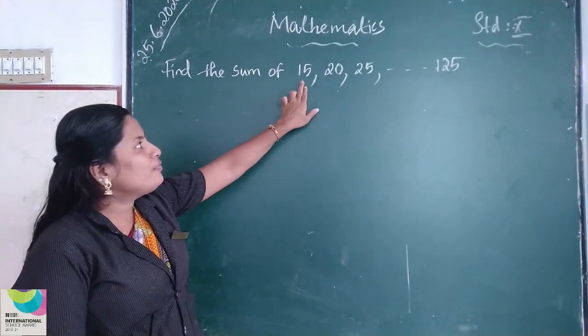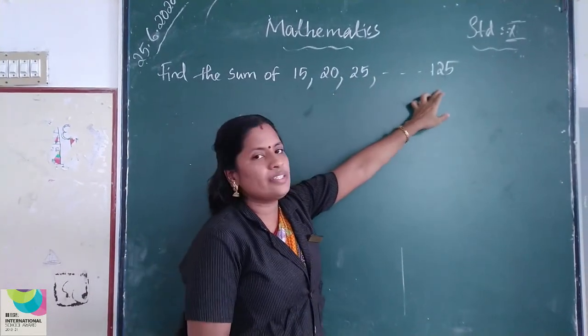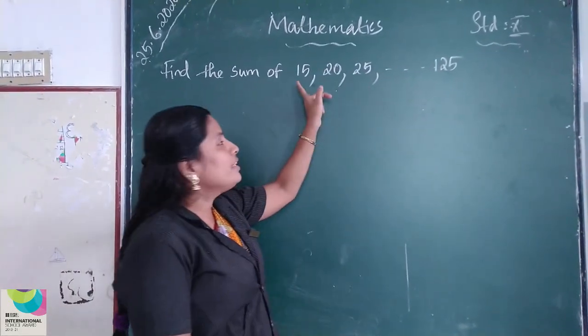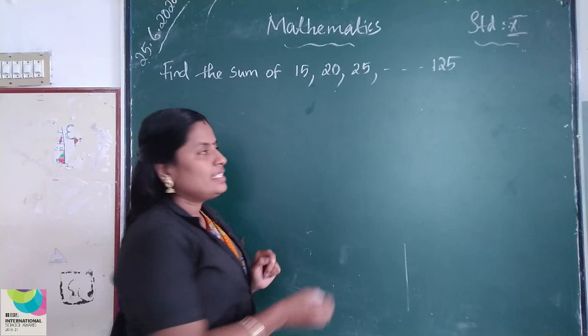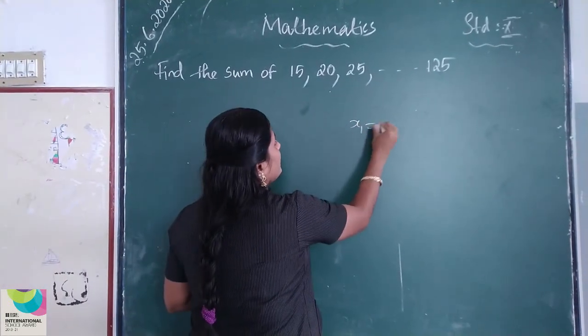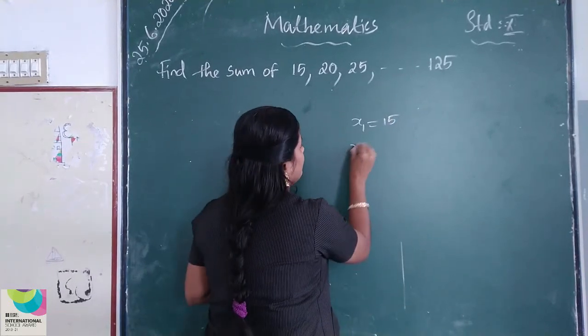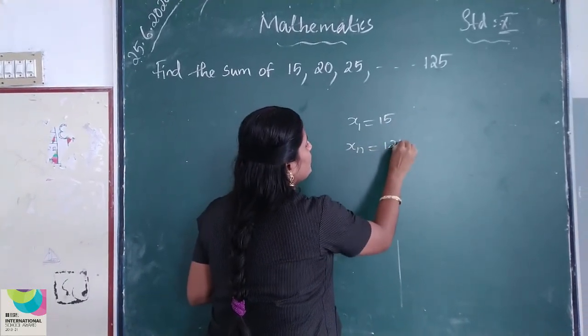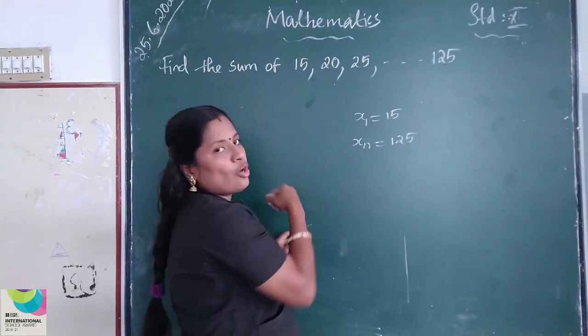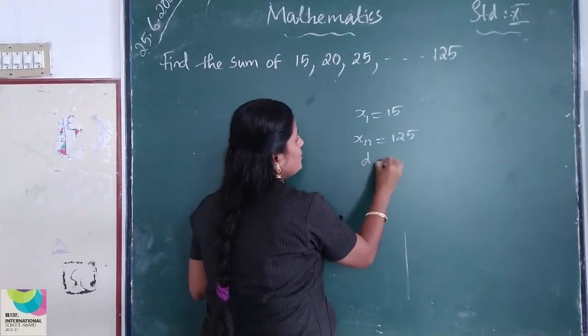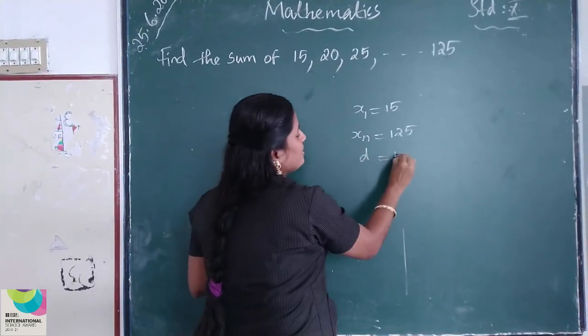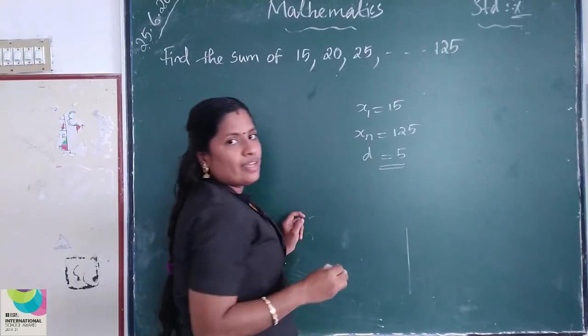Find the sum of 15, 20, 25, etc. up to 125. So here, what is the first term? That is x1. x1 equal to 15, and the last term xn equal to 125. The common difference d equals 20 minus 15, that is equal to 5.